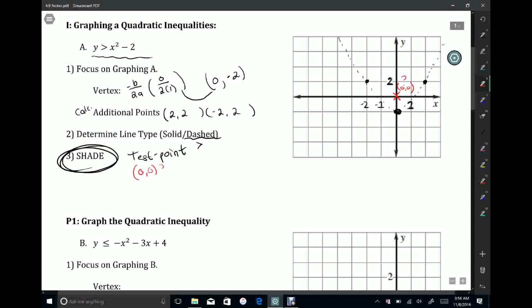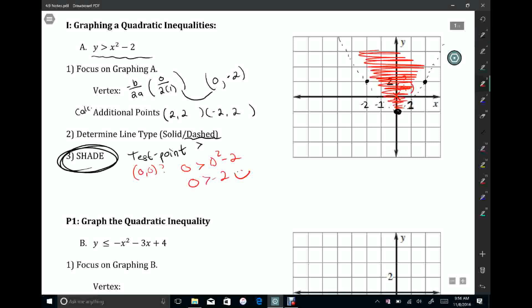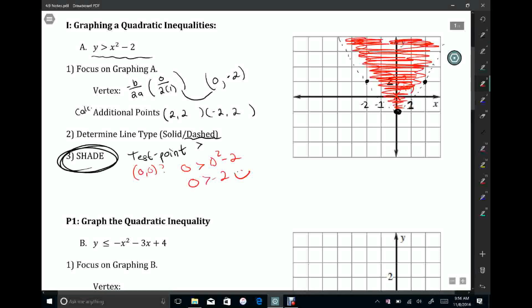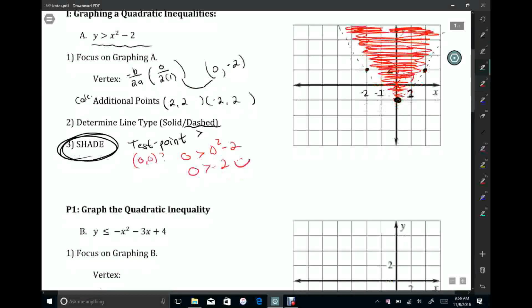Here is 0, 0 where it is. 0 greater than 0 squared minus 2. Well, is 0 greater than negative 2? Yes, it is. That is where we want to search for the treasure. So everywhere in between our nice little graph. Okay, pretty cool there. That's really about the main idea of it.